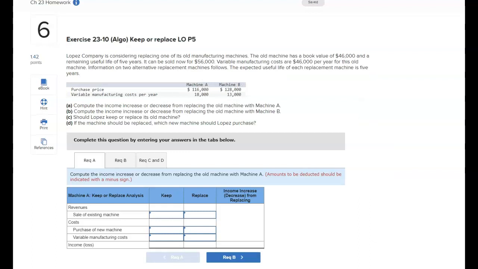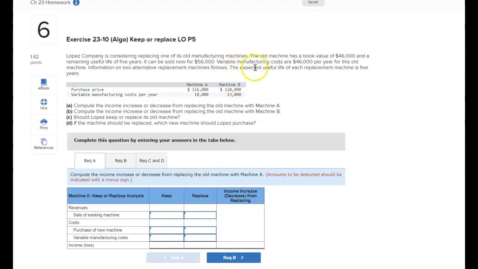Problem 6 is a keep or replace. So you can look at page 371 in the textbook. And so for the keep analysis, the only thing that you would be incurring if you keep the machine is the variable manufacturing costs.